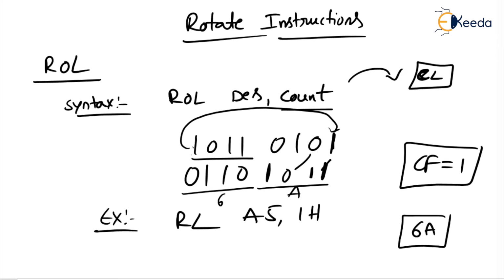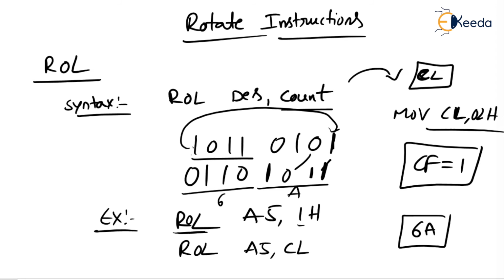Right? So after performing this, if the number of bits to be shifted is 1, then the immediate number 1 can be written in the count. If you want to rotate 2 positions, ROL A5, CL, where you have to give MOV CL, 02H. I want to rotate by 2, right?